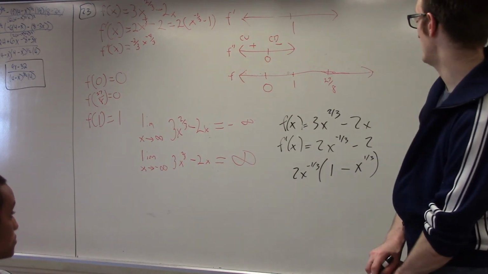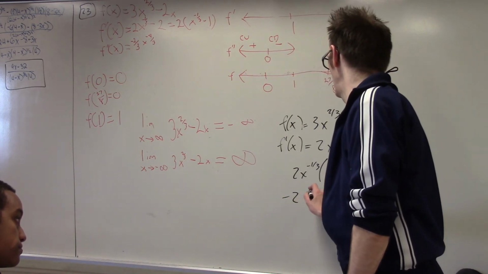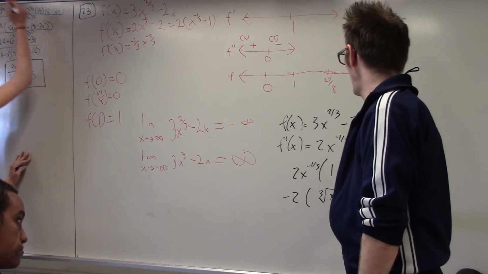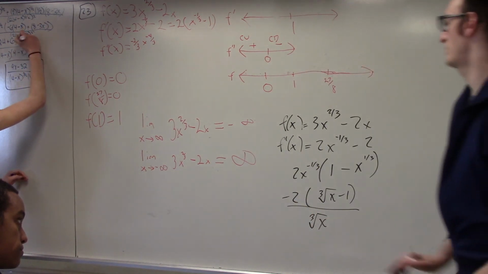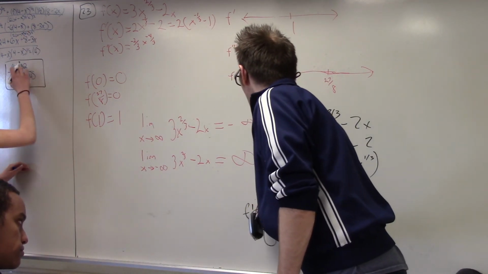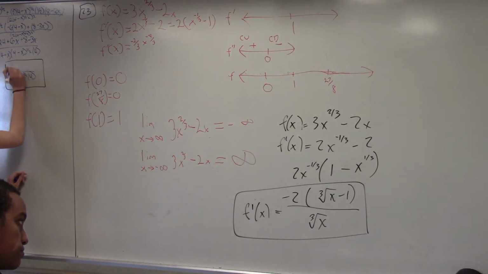Let me just double check that that's right. It is. So then this is really -2 cube root x minus 1 over cube root x. So this, I think, is the most helpful form to have the derivative in. And that tells you the sign chart, so that's why I think you have a problem here, right? Because it's also changing sign at 0.